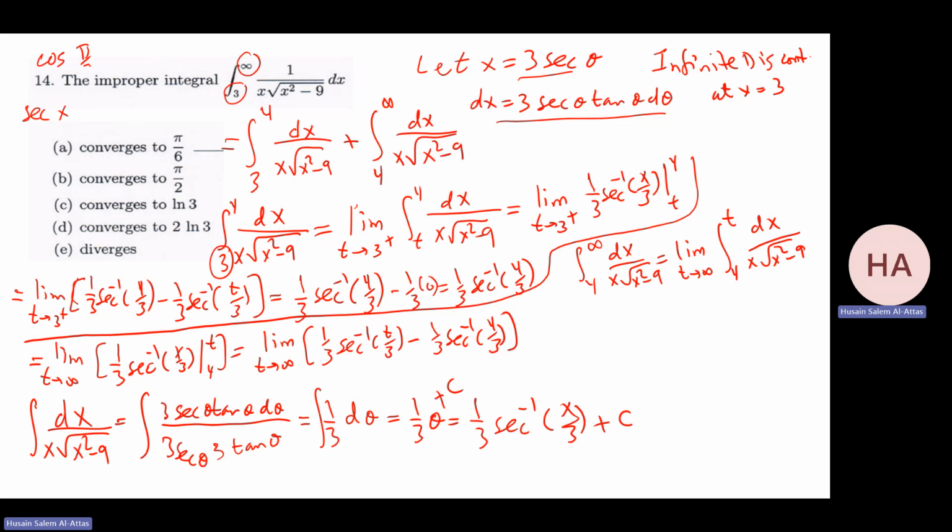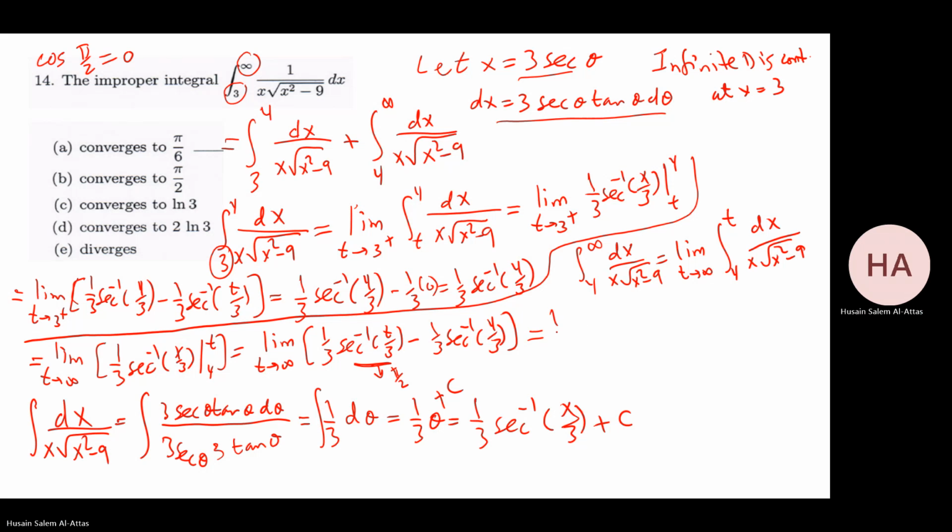Cosine pi/2 is 0. So because of that, secant will go to plus infinity. So this one gives me what? pi/2.